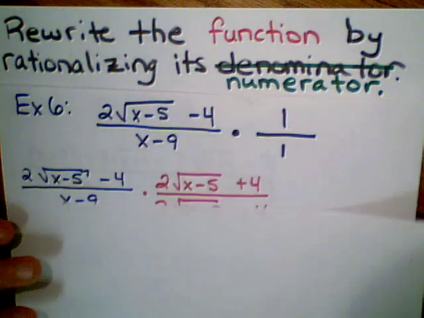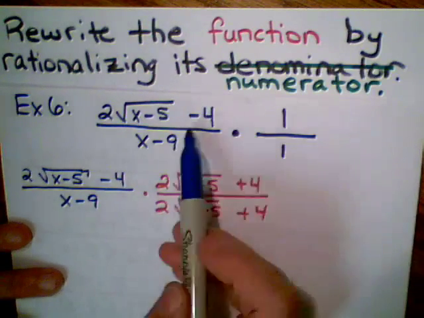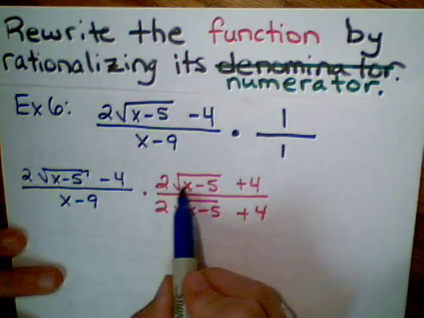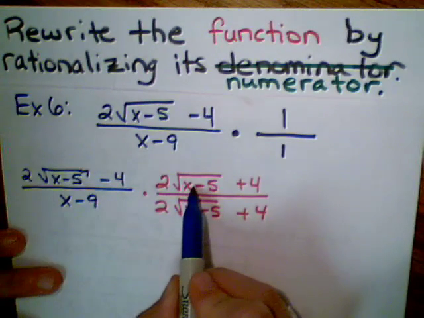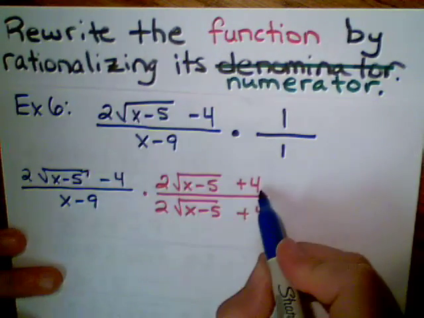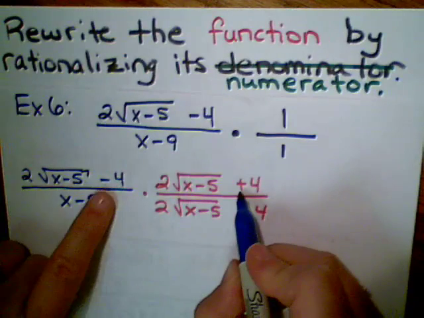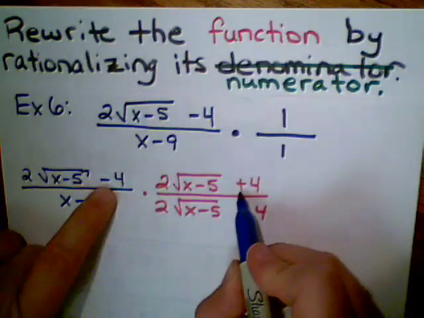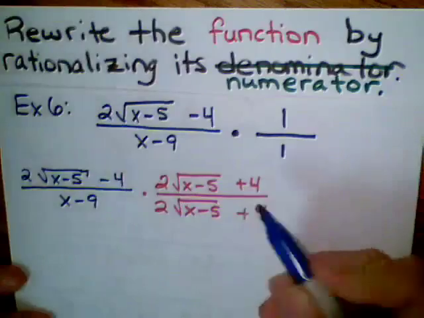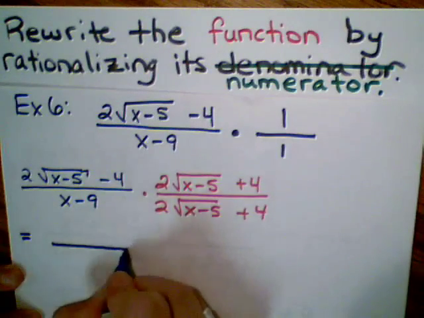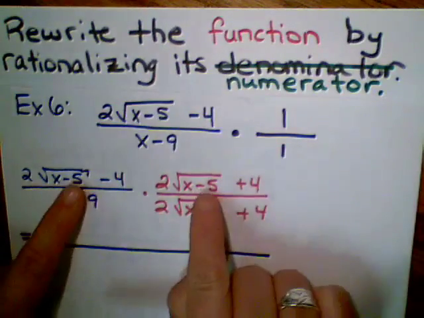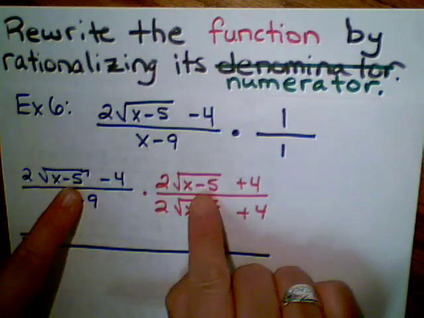Okay. So the conjugate of that expression is going to keep that first product, 2 times radical x minus 5. It's going to keep the last constant, 4, but we're going to change the operation in the middle. Okay, and we're becoming familiar with the reason we multiply by a conjugate.